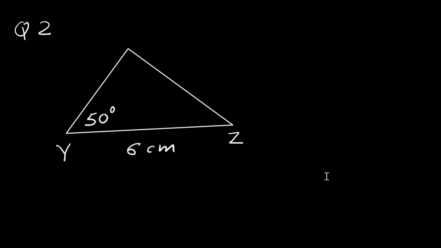So this construction is the same as the first question. Base of the triangle is given, angle adjacent to the base 50 degrees and sum of the remaining two sides.